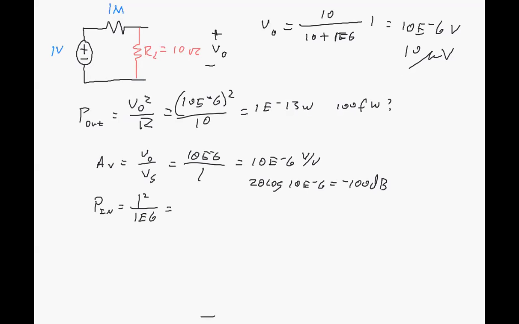That would be 1e to the minus 6 watts. So that's not good, right? We put in a microwatt and we got out femtowatts. It's just a terrible loss.